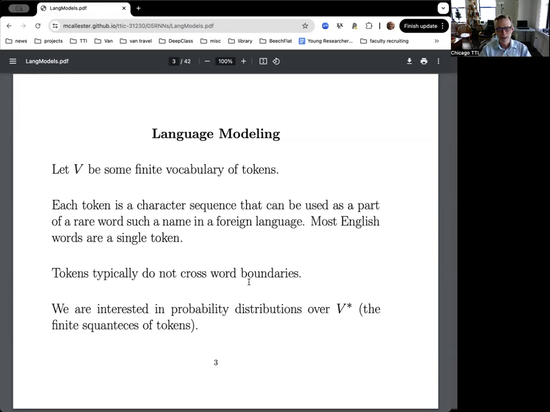So let's say a little bit more formally about language modeling. We're going to let V be some vocabulary. The simple way to think about this is V is the set of words of some language, a vocabulary of words. However, in modern systems, it's very difficult to define words, for example, to cover all possible names or to include names from foreign languages.